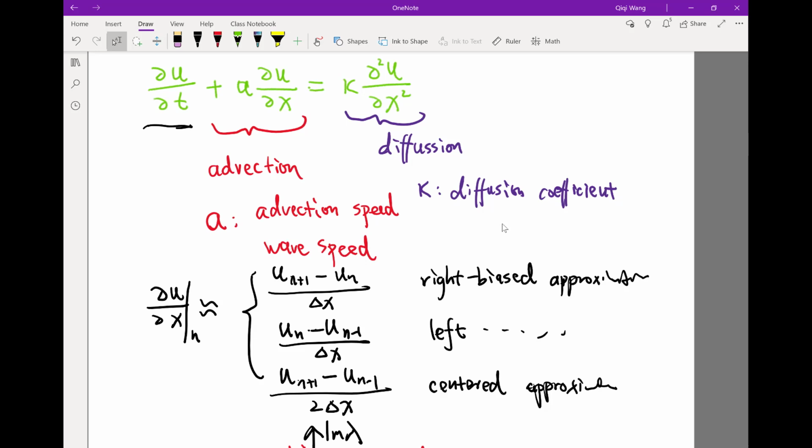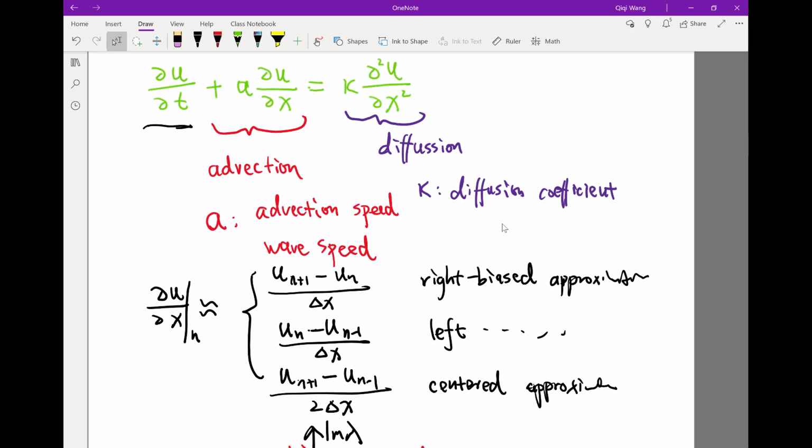A biased scheme is always stable if it's an upwinded scheme. So when we are looking towards the right using a right biased approximation, and the wind is coming from the right, which means it is blowing the solution towards the left, right?